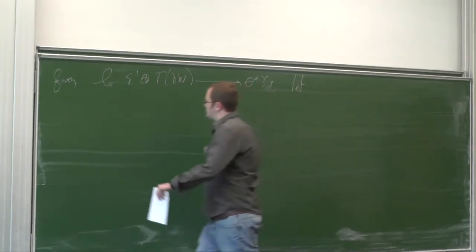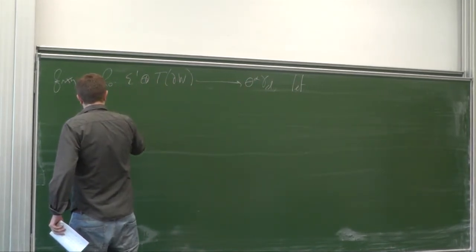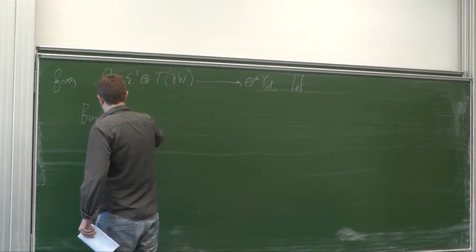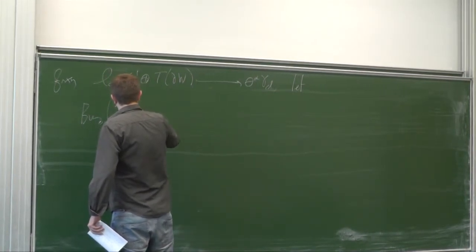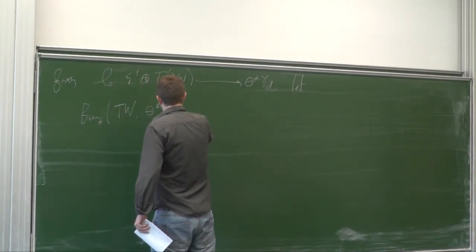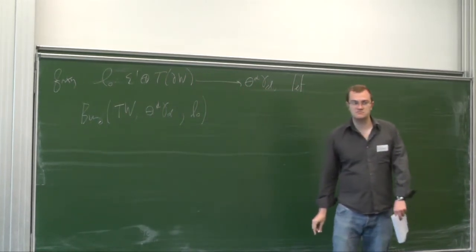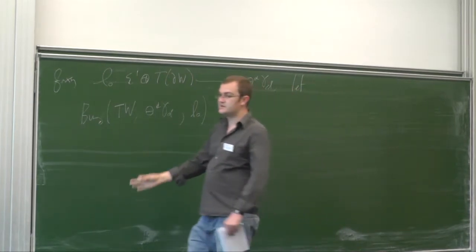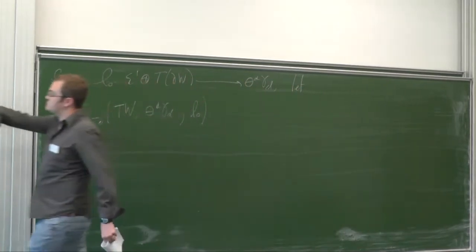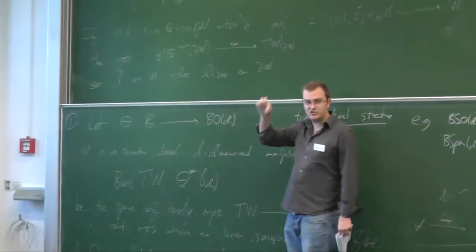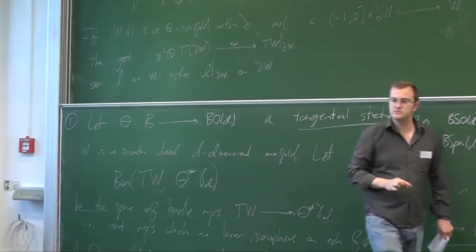then I just let the bundle maps with a boundary condition on TW, satisfying the boundary condition L naught, be the obvious subspace. It's just the subspace of those bundle maps that when you restrict them to the boundary in this way, it's actually equal to the bundle map L0.